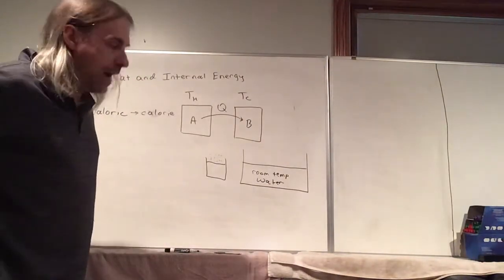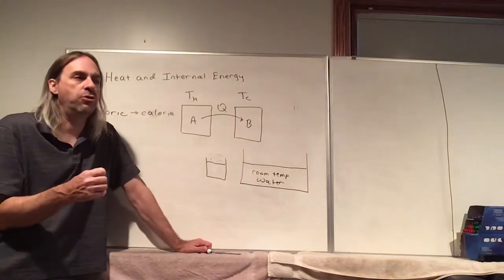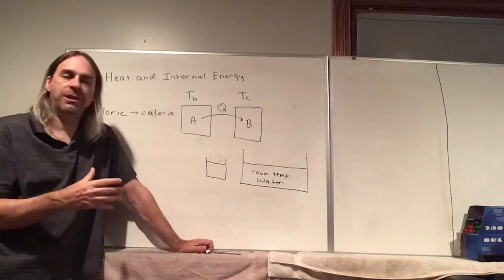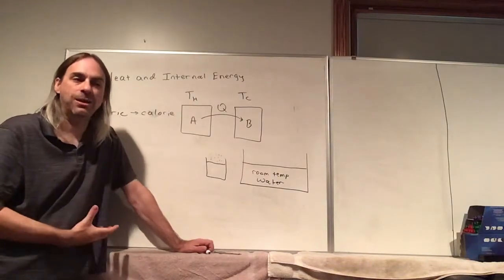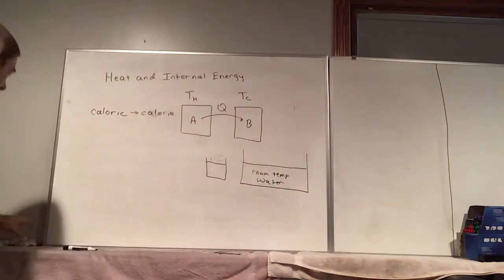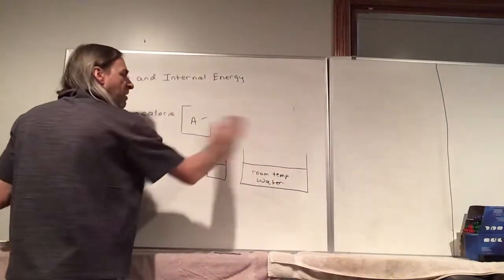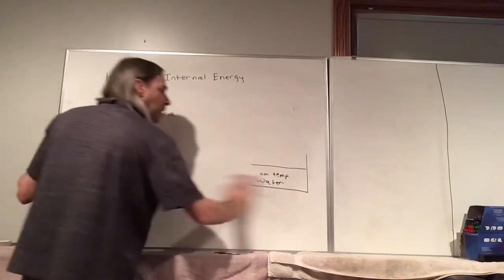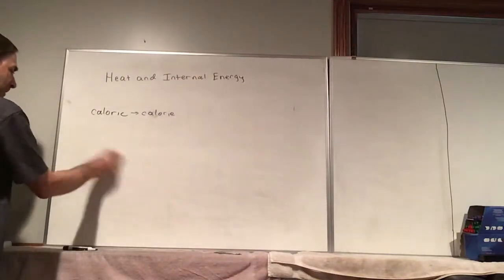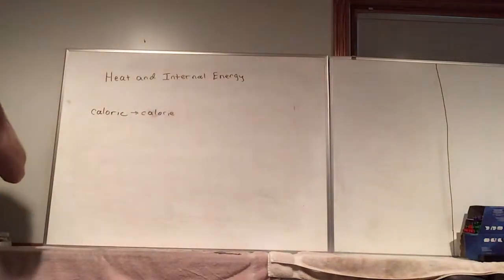And what James Joule was able to do, he wasn't the first to propose this idea that there was an equivalence between mechanical work and heat and internal energy, but he was the one that did the experiment that could show, very precisely, how this work done is actually converted into internal energy.